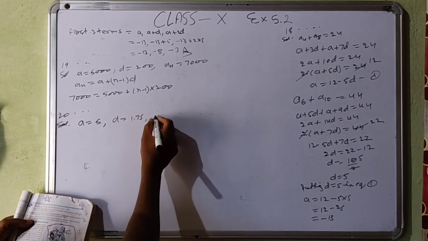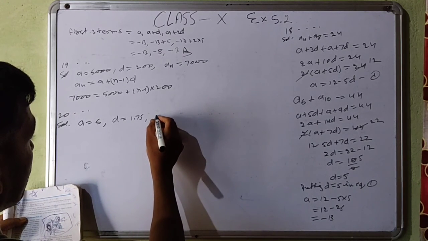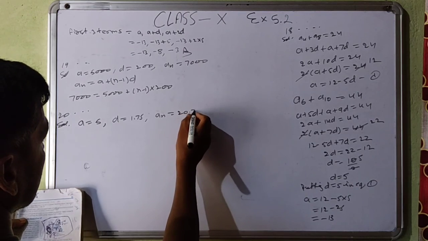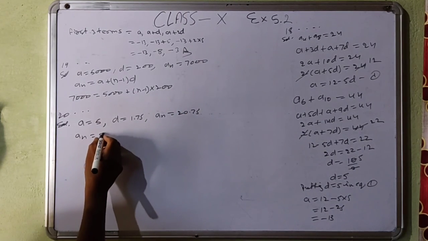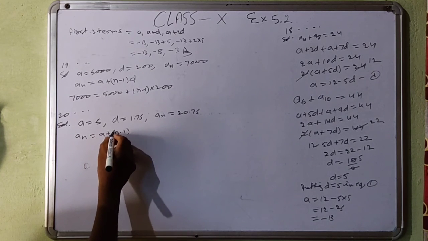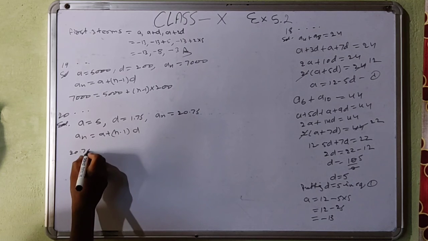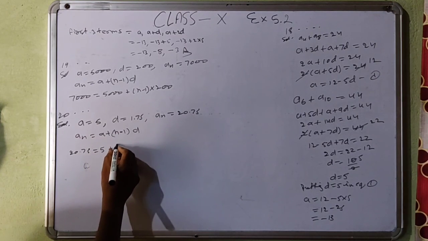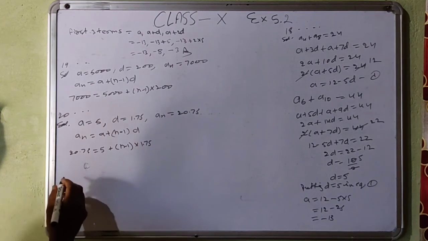And then at last the amount was An is equal to 20.75. So again we will apply An is equal to A plus n minus 1 D. So 20.75 is equal to A, which is 5, plus n minus 1 multiplied by 1.75.